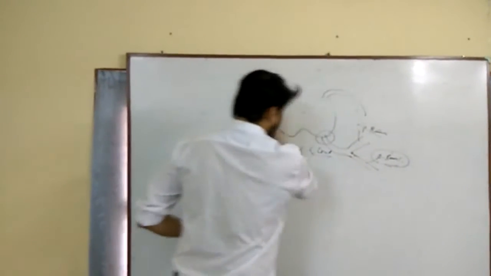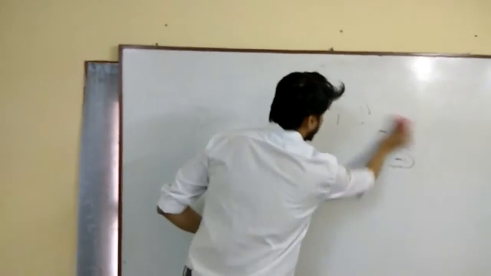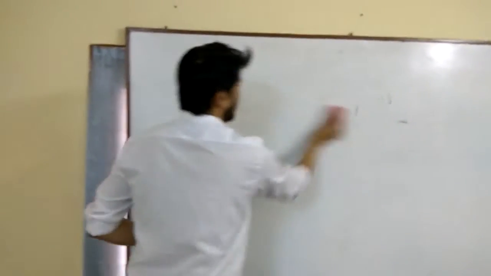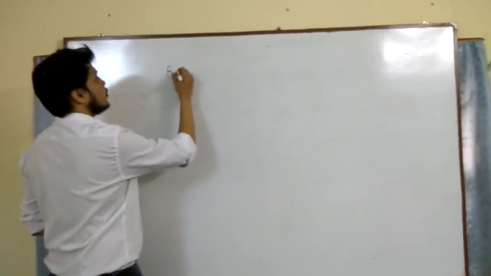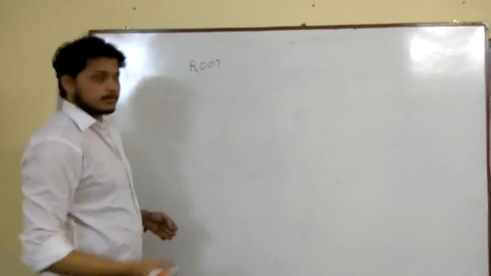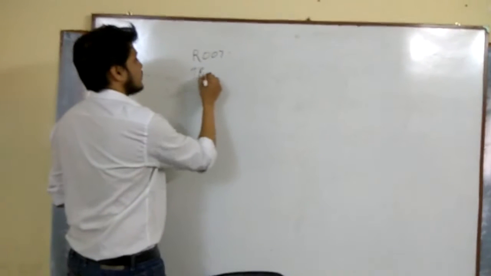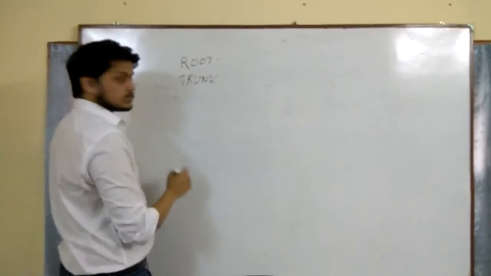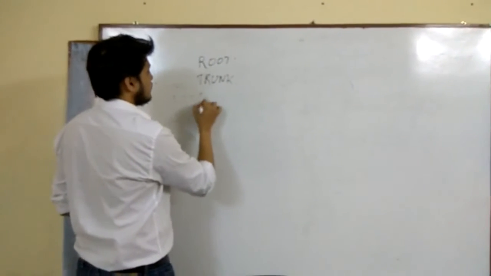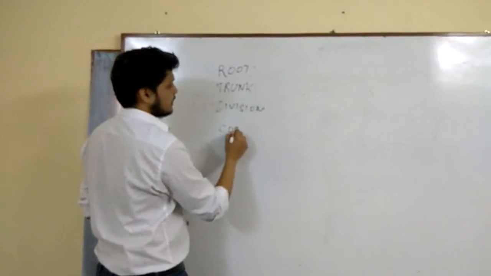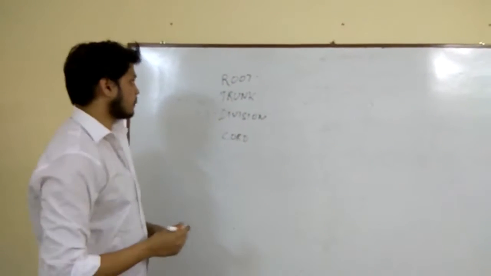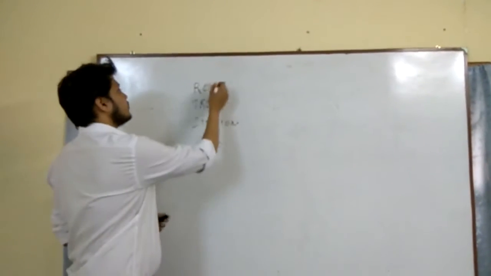Before we start, we have to understand a few terminologies: number one, the root of the brachial plexus; then the trunk; then the division; and finally the cord of the brachial plexus.